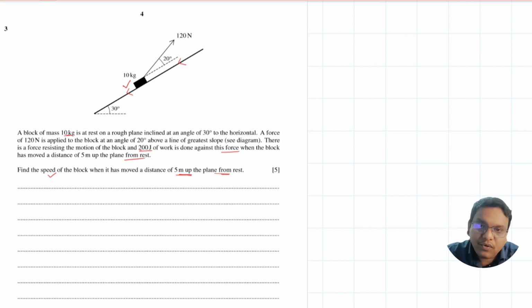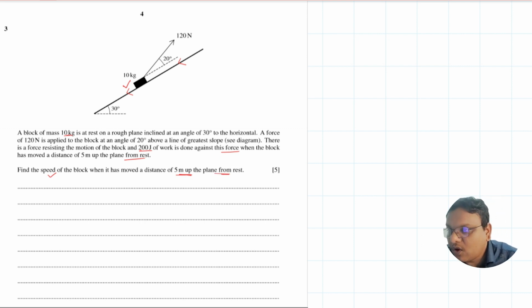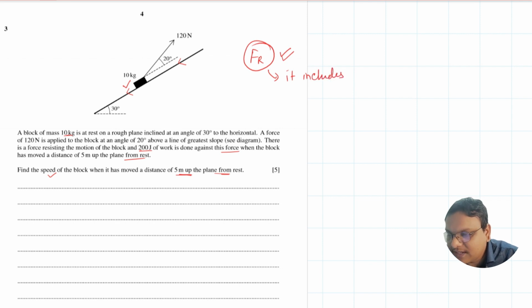Before doing this question, always remember, I'll write something else. Remember this one: whenever a resistive force is given, it includes what? The friction, we can say friction, it includes resistance, right?